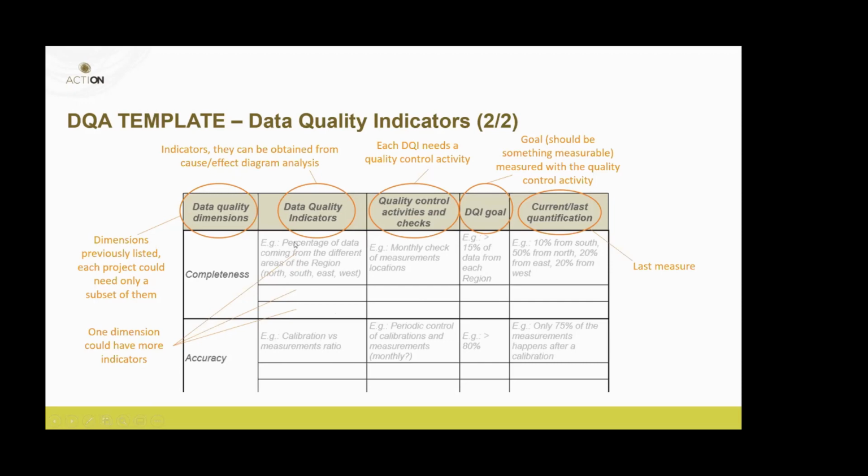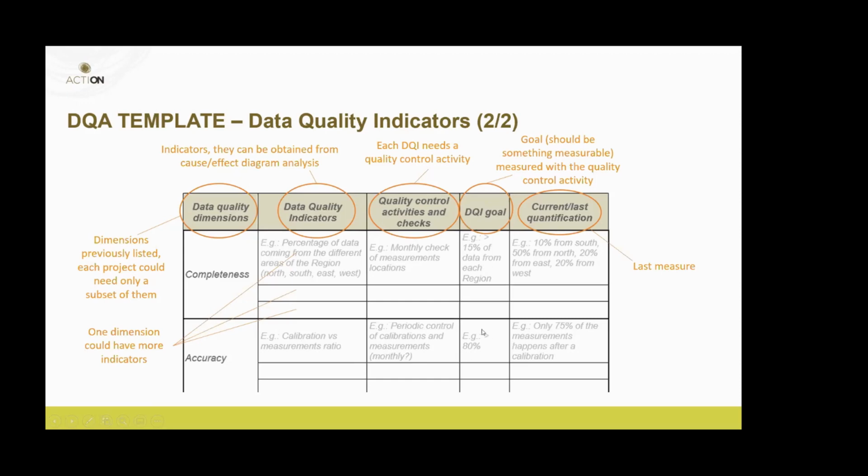And I can list more than one indicator for each dimension in this table. And then I set up quality control activities and checks for each indicator. For example, for the calibration, I can put periodic control of calibrations and measurements, for example, monthly. This is an ongoing activity. I can also set a specific activity with a specific deadline.